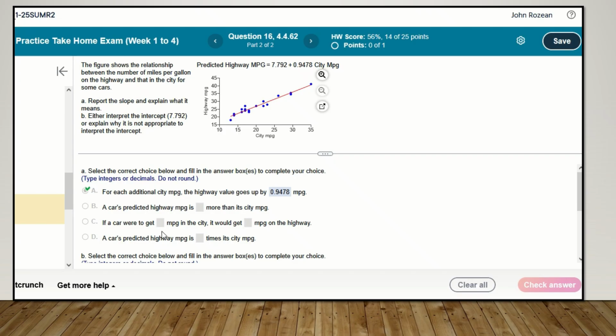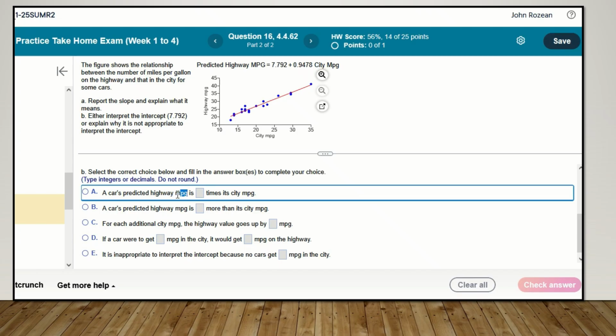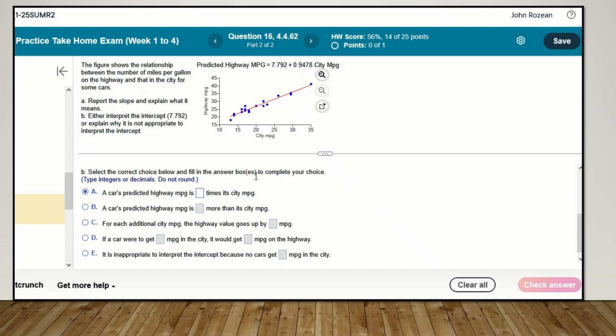Either you're answering one thing, or you're filling in two blanks. But you got to read it very carefully. So I'm going to select the correct choice below. A car's predicted highway mileage is.